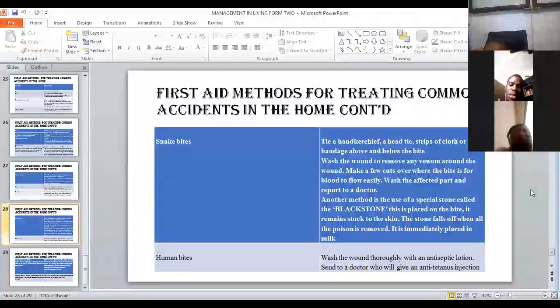Then this black stone I'm talking about, I don't know if you have heard about it before. With the black stone, after you have tied the place, they will use a blade to make small marks on the affected part where the skin was actually bitten. Then they will put the black stone on it.